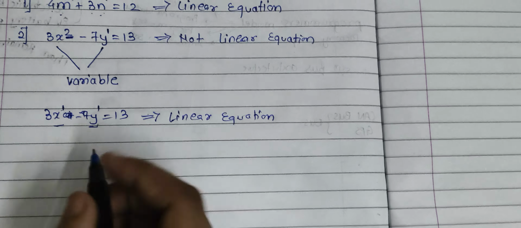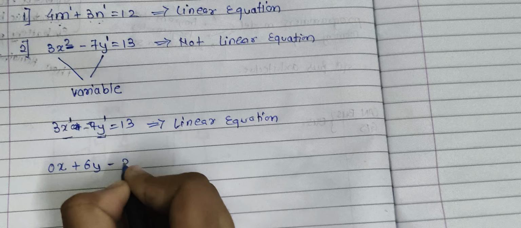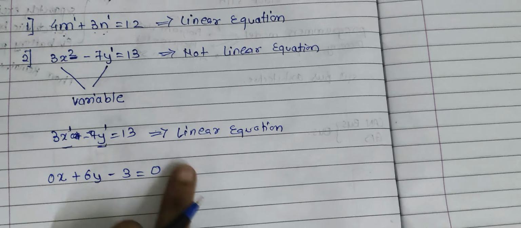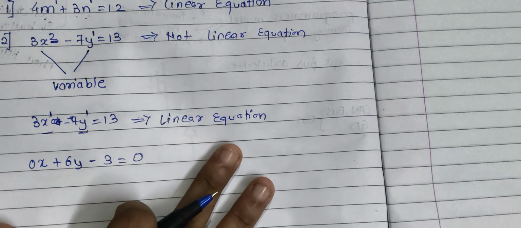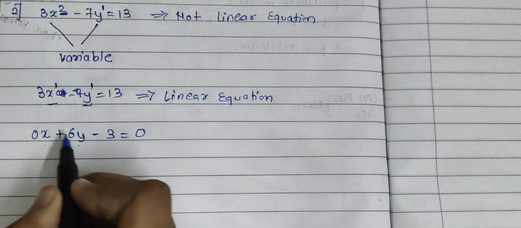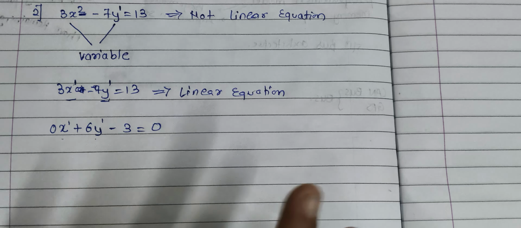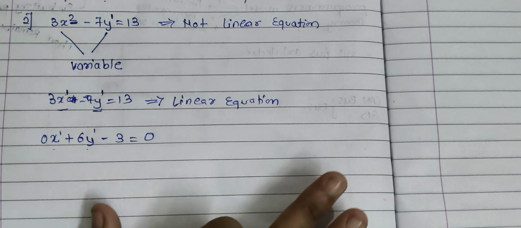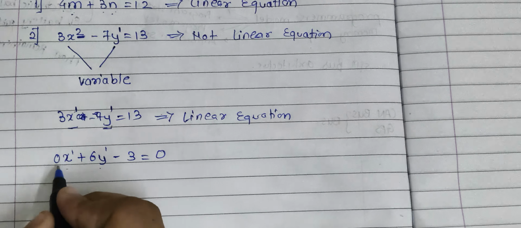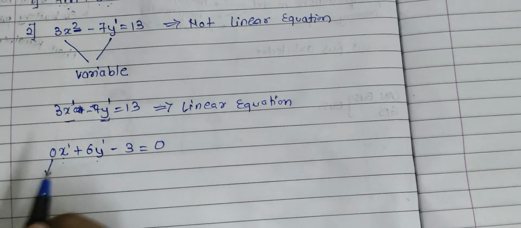Now another example is 0x plus 6y minus 3 equal to 0. Is this a linear equation in two variables? It has two variables and the degree of each variable is also 1. So as per the definition we will say yes, it is a linear equation. But whenever a coefficient is 0, anything we multiply with 0 will become 0.